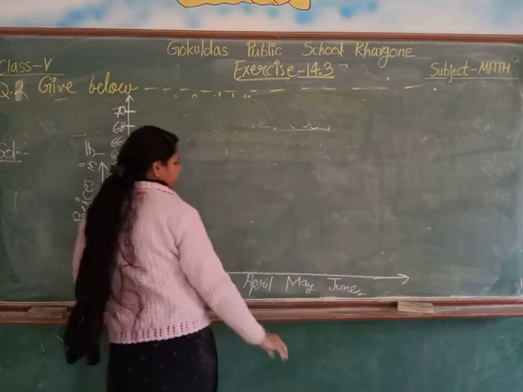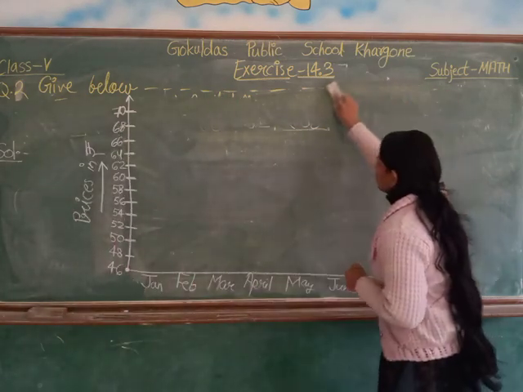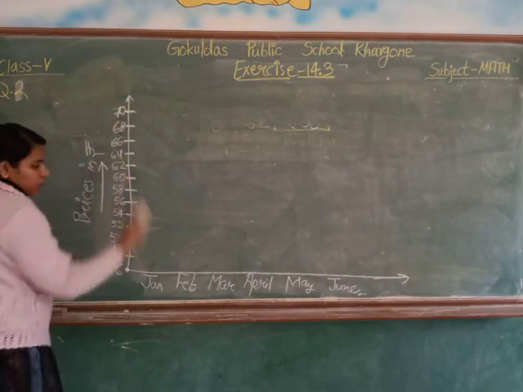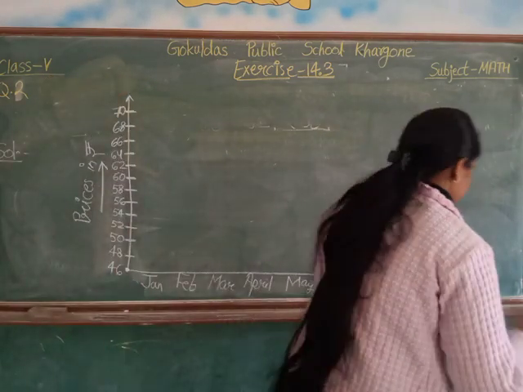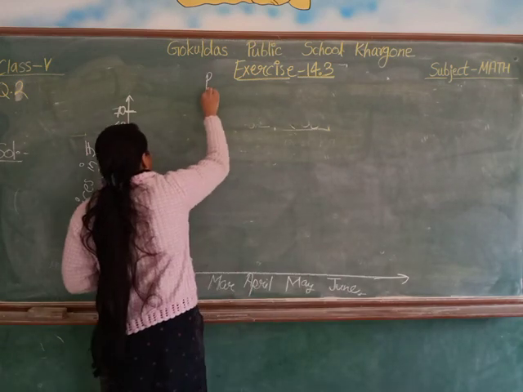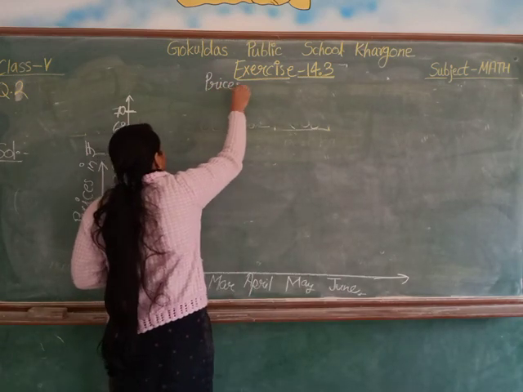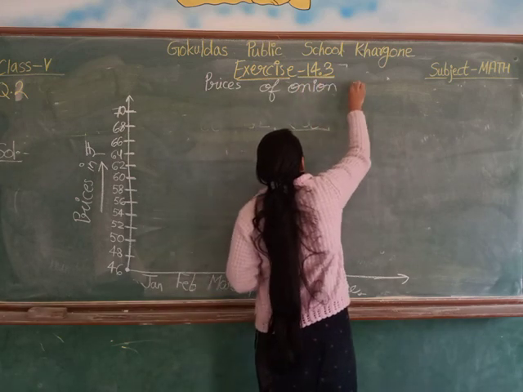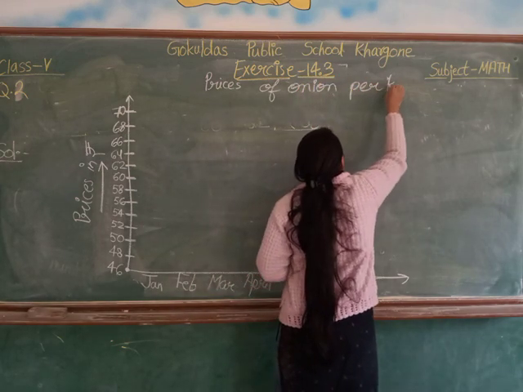Write the title here. I am erasing the question also so that I can write the title. What was the title? The title was Prices of Onion per kg.